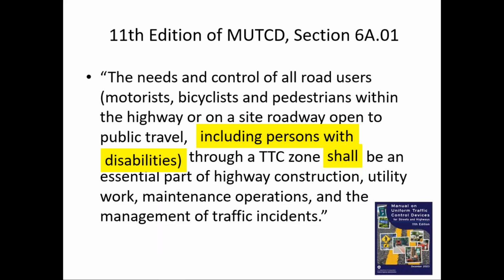Notice right up front in Part 6, Section 6A.01, the needs and control of all road users, including pedestrians with disabilities, through a temporary traffic control zone shall be an essential part of highway construction, utility work, maintenance operations. So again, it's not just a nice thing to do. The MUTCD also requires that we make sure we can accommodate and provide accessible, detectable facilities for individuals with disabilities.